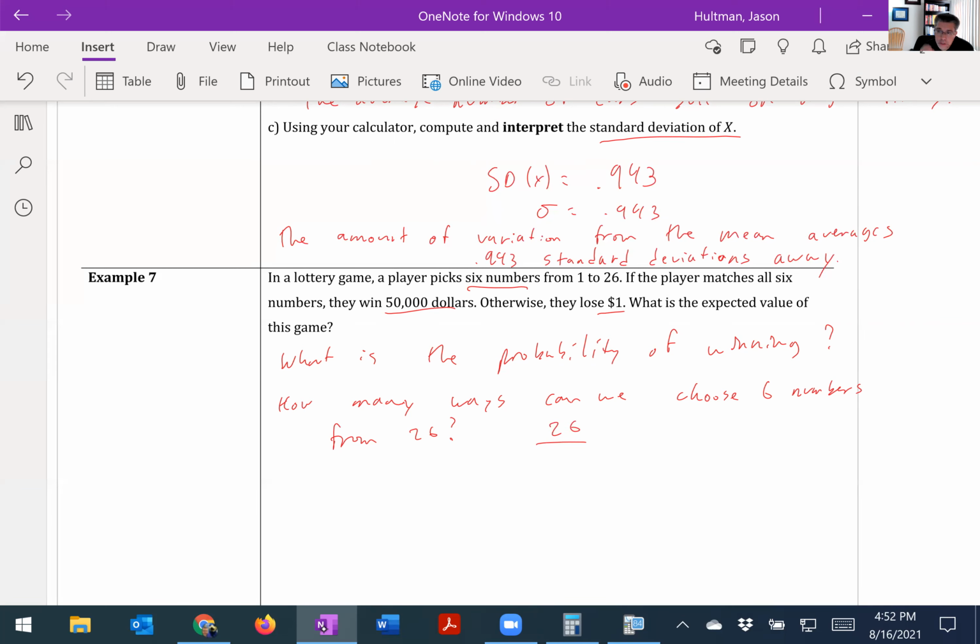But for the second number, I've already locked in that first choice, so I have 25 choices, then 24, then 23, then 22, and then 21. So it's 26, 25, 24, 23, 22, 21.